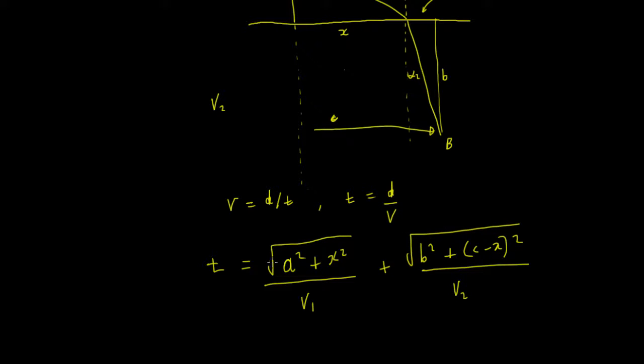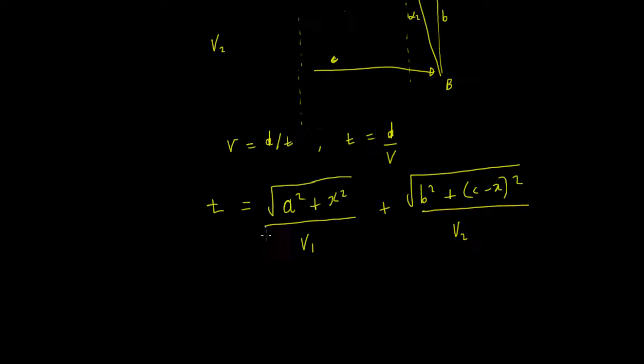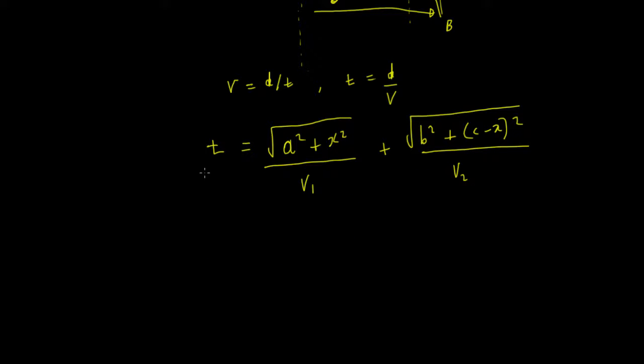Okay, so that's the total length of time taken, and employing Fermat's principle of least time, which tells us it travels in a path that takes the least time, time is minimized.